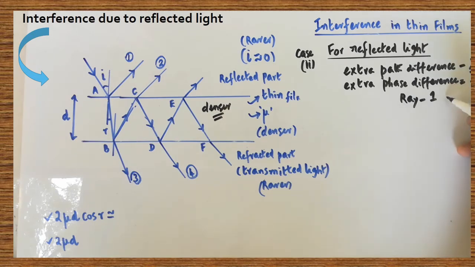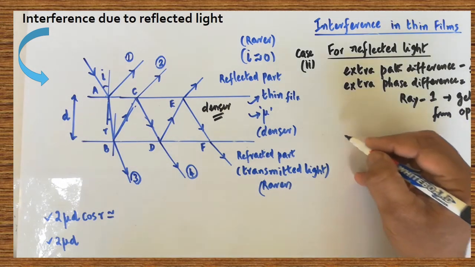Why? Because ray number 1 gets reflected from the optically denser medium. This question may often be asked in the exam. If any ray gets reflected from the optically denser medium, that will create the extra path difference of lambda by 2.